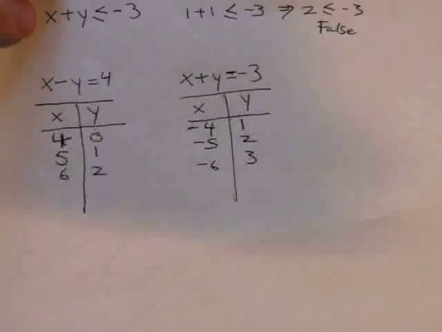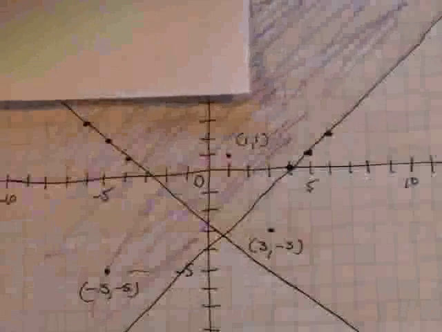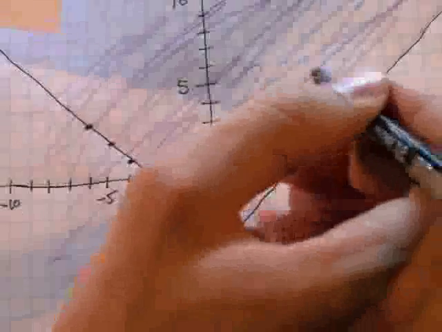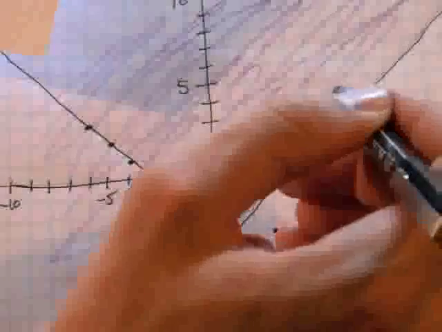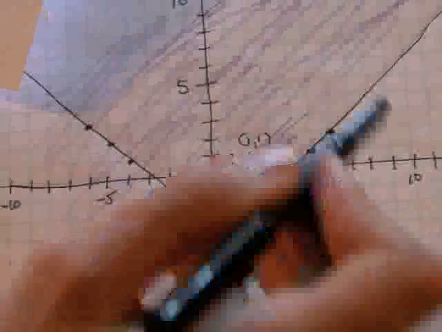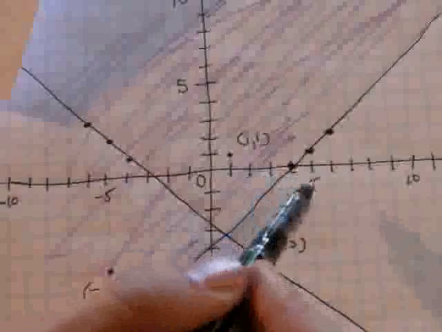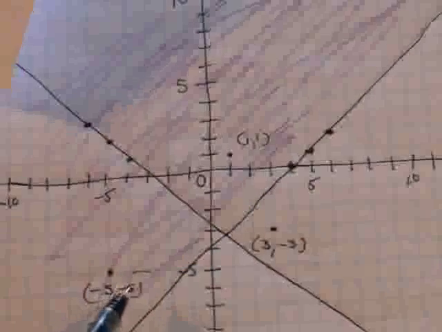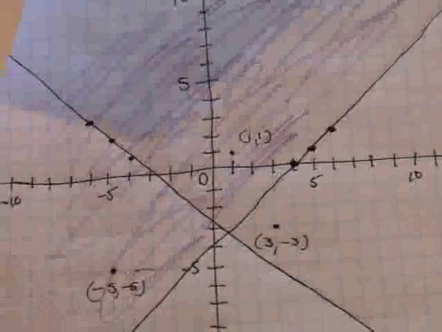And just to verify that, let's just put in 1 and 1. Actually, the top half was the false side, looking back at the numbers, because we did put in 1 and 1. So the top half here is false. This must be true, but we can verify that by putting in the -5, -5.